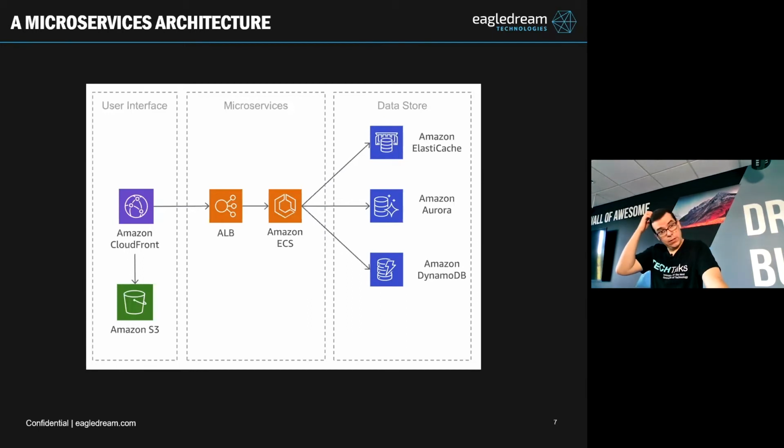This particular architecture that is presented here, it's a very simple way of having your microservice architecture done. You can see that in each one of these verticals, it's a single part of your application. You have your user interface, your microservices, and then your data store. For your user interface, you can run completely serverless utilizing S3.